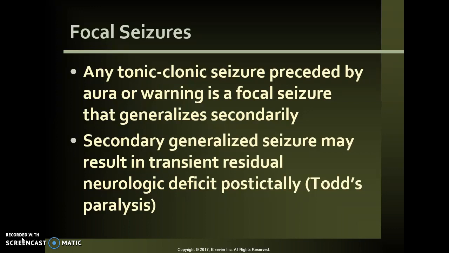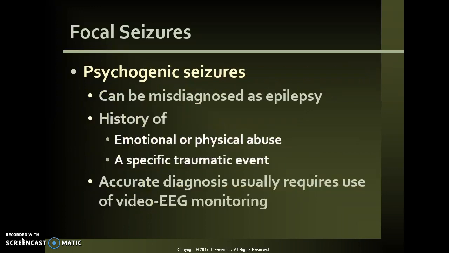And just a little bit more on Todd's paralysis. That's like focal weakness. That's like one area of weakness that will resolve, but in varying lengths of time, no specific time for resolution on that. The focal seizures may be misdiagnosed as epilepsy because they look very much like an epileptic seizure.